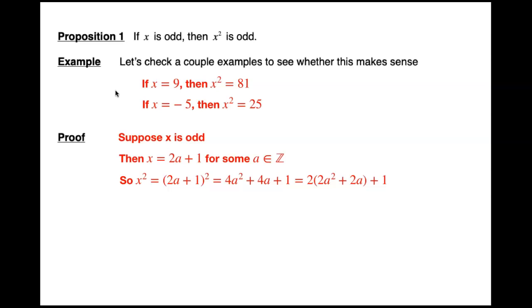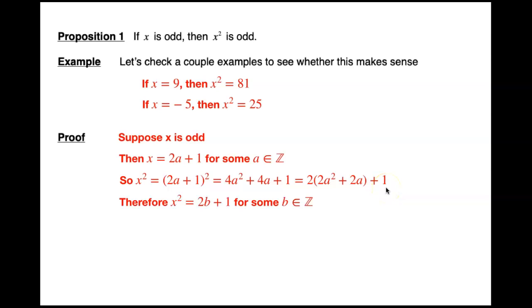And here, because we want to show that x squared is odd, we have to make it match with the definition of odd. And the definition of a number being odd is that it's 2 times something plus 1. So in the last step here, I rearrange this as 2 times (2a squared plus 2a) plus 1.